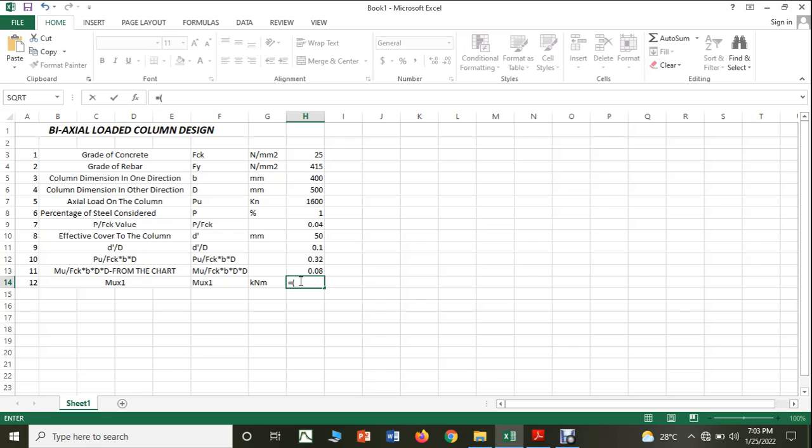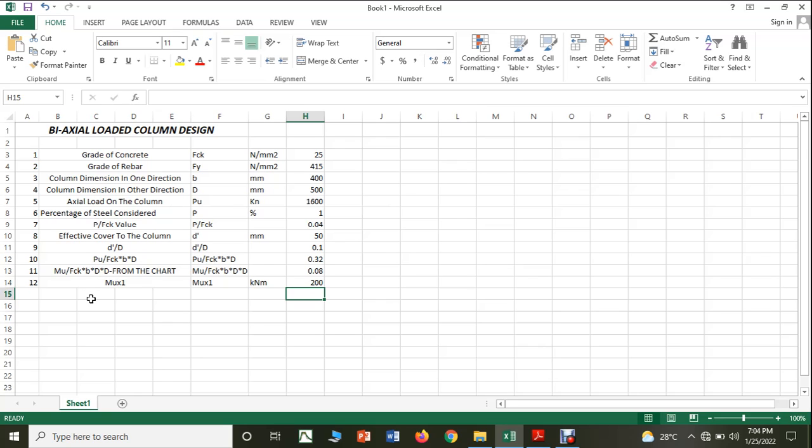It is none other than this value, 0.08 into FCK is 25 into B is 400 into D square, 500 into 500, divided by this value. It will give you Mu x1 in kilonewton meter, that is 200 kilonewton meter.